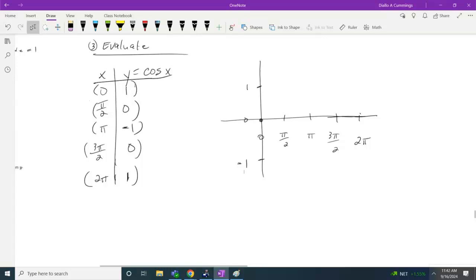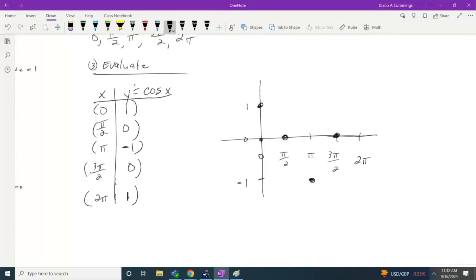And if we plot the points, the first ordered pair is 0, 1, then pi over 2, 0, pi, -1, 3 pi over 2, 0, and 2 pi, 1. And that's a graph of y is equal to cosine x.